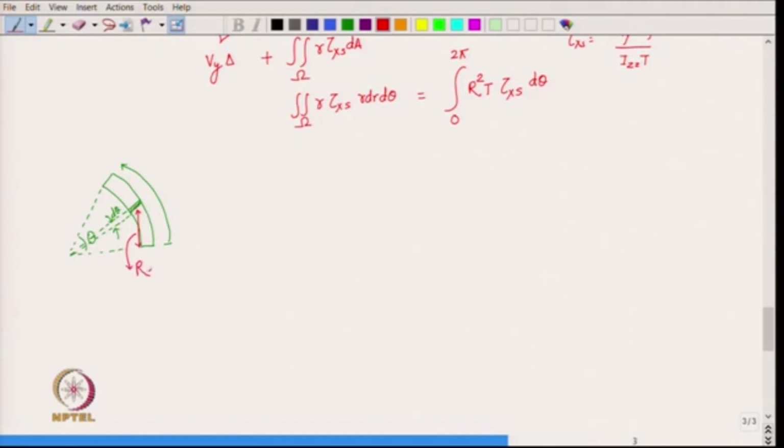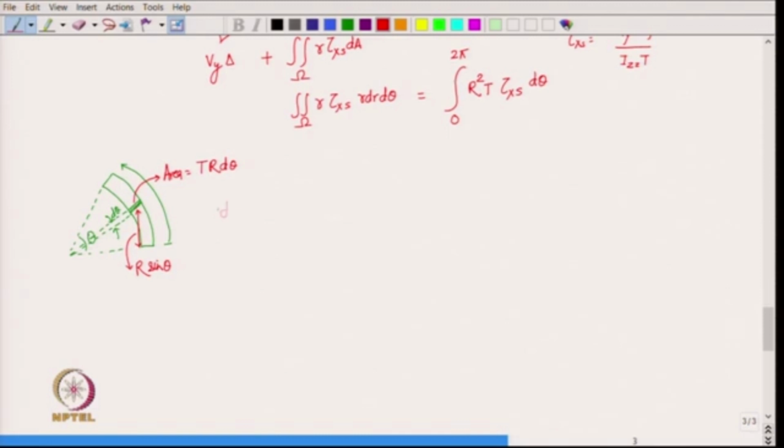So, this y coordinate is r times sin theta, and what is the area? The area is simply the thickness t into r d theta, is not it? Okay.